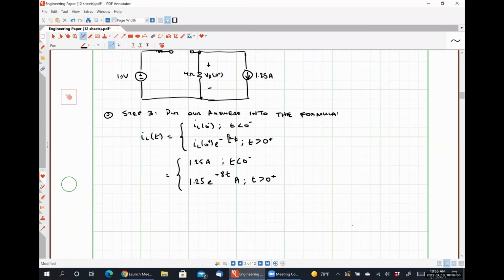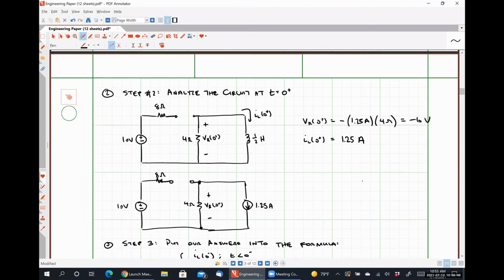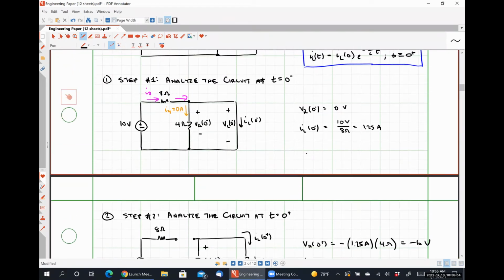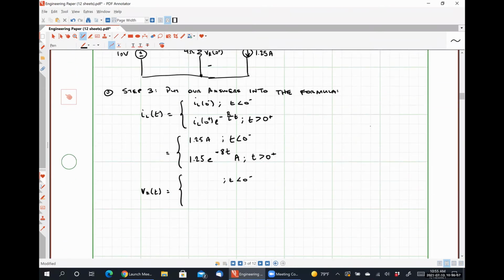Okay, so let's look at VR of t, okay? We know that for all t less than 0 minus, it had a voltage of 0 volts over it, right? We proved that here when we did this analysis. How is it going to behave after the switch opens up?